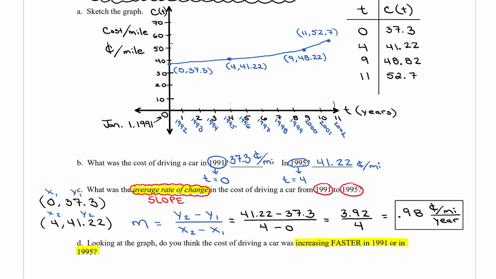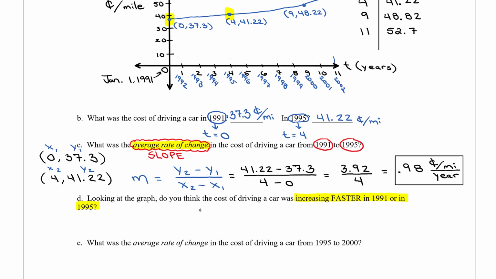I'm going to highlight those points back in my sketch. So I highlighted the point that represents (0, 37.3) and the point that represents (4, 41.22). Looking at those 2 points, in the year 1995 you can tell that the graph is steeper.